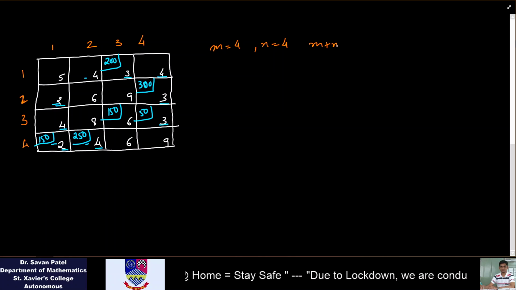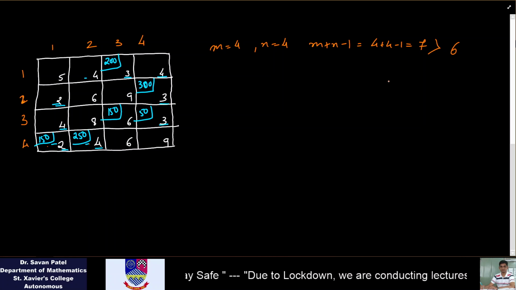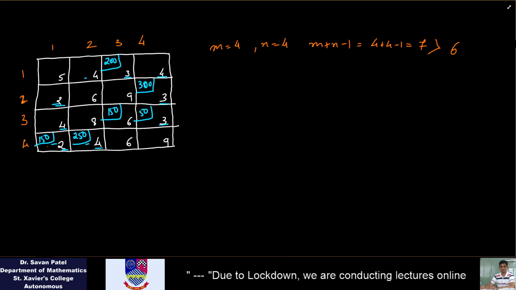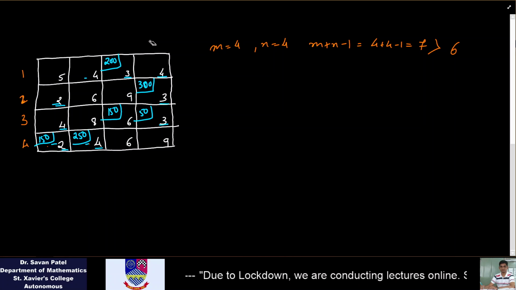So M plus N minus 1, that is 4 plus 4 minus 1, is 7. And the allocations are here 1, 2, 3, 4, 5, and 6. So here allocations are 6, that is strictly less than this. So if you try to find out Ui and Vj in the modified distribution method, you will not be able to find out all of them by assuming only one.